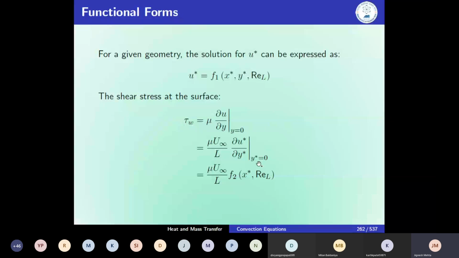Yes. So now from this equation, you are able to tell that the shear stress at wall, which is one of the important parameters, is a function of x star and Reynolds number. Why is this important? Because it's related with friction, and you want to get the frictional pressure drop. So for that, this will be important. Right.